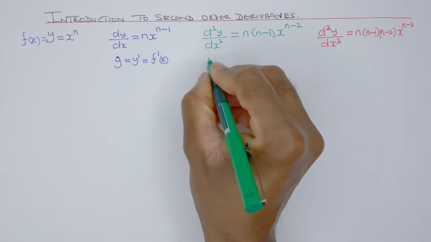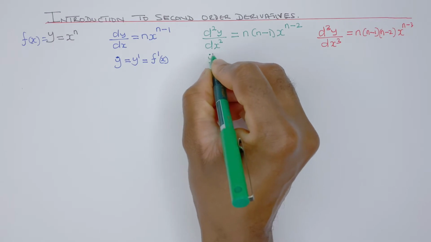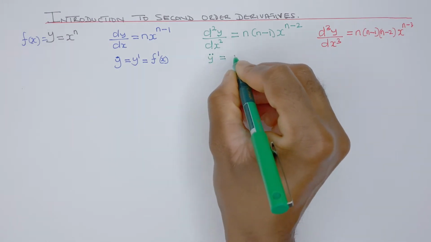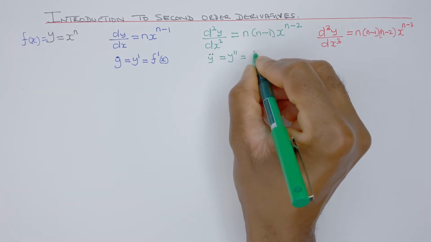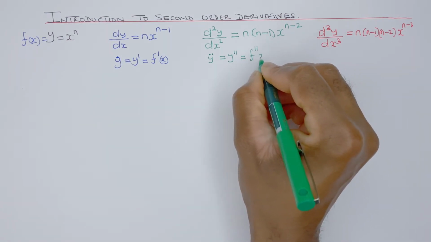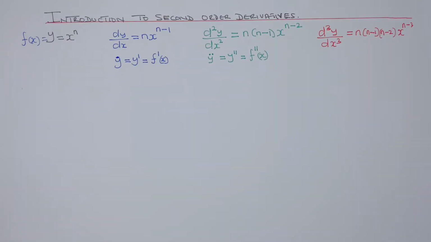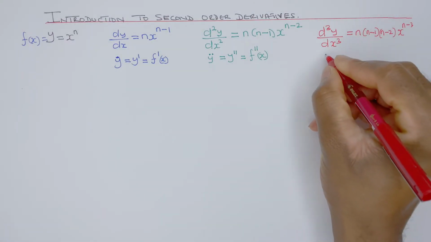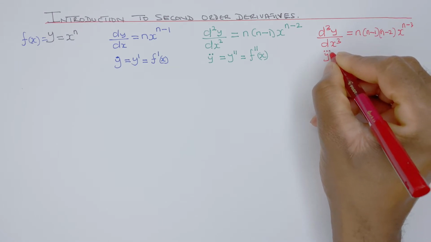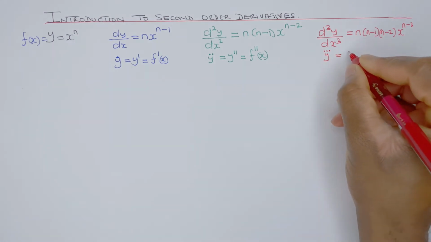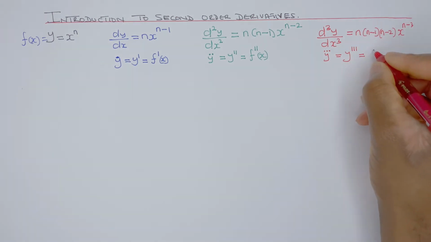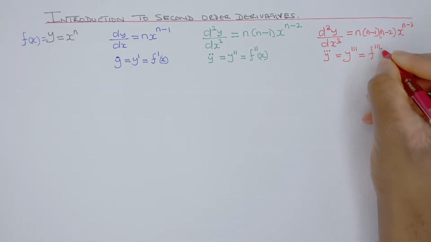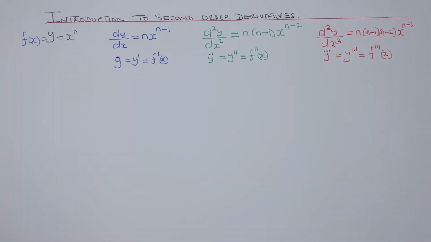The second order derivative is y dot dot, or y dash dash, or you might call it f dash dash x. You can imagine what the third order derivative will be: y dot dot dot, which is y dash dash dash, or f dash dash dash of x. So these are the notations that you may come across.